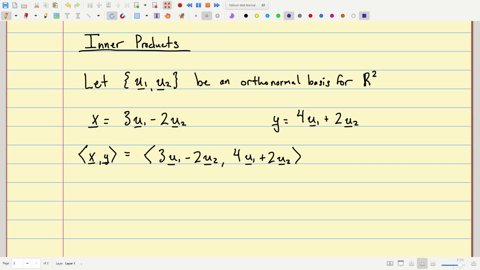One of the properties for inner products is that the inner product is multilinear. So what we can do is start breaking this up into its pieces because it has to obey the properties of multilinearity.